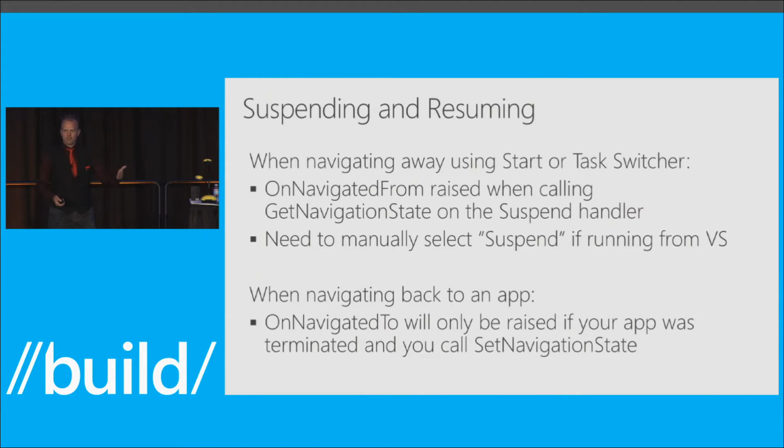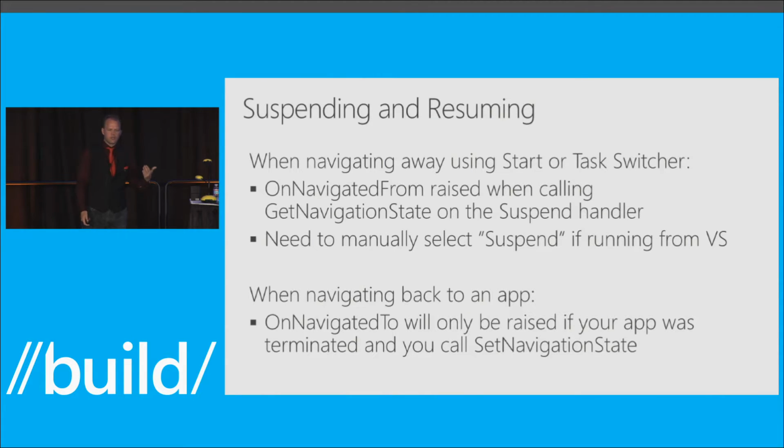In Windows, that is especially true if you have the split view. So if you launch a secondary application and it takes up the other part of your screen, there is no navigation happening here. So you will not get an OnNavigatedFrom, and you will not get an OnNavigatedTo when you switch between them. And this is what is happening on phone now as well, even though we don't have split screen, but the application is still running for a few seconds.